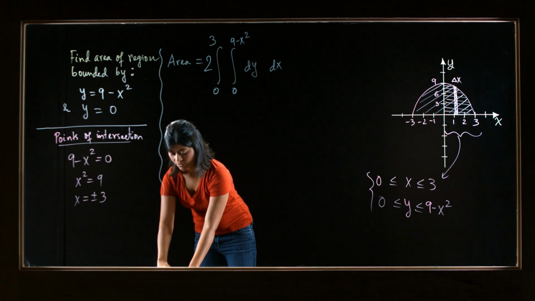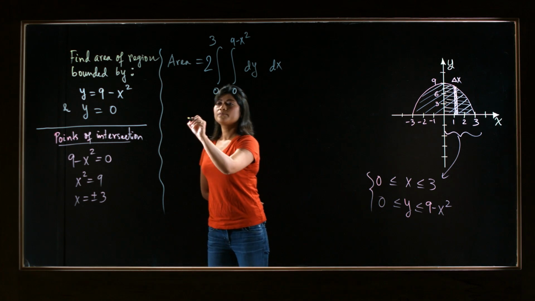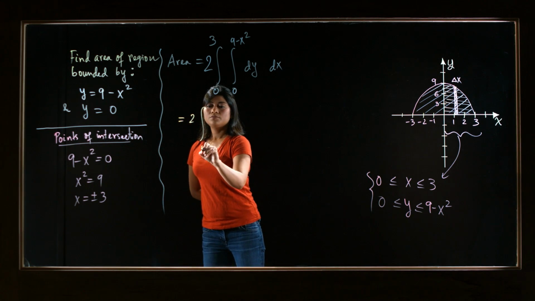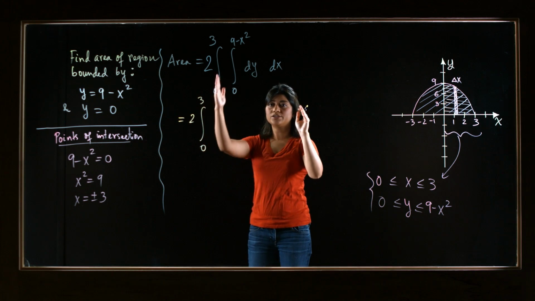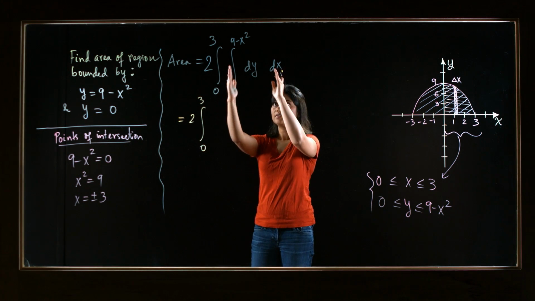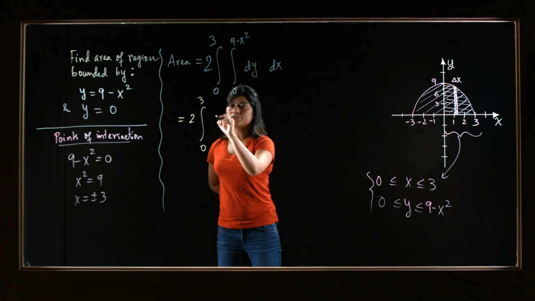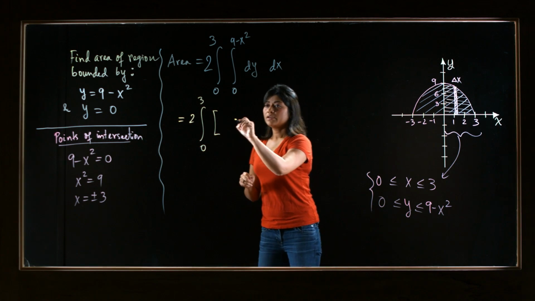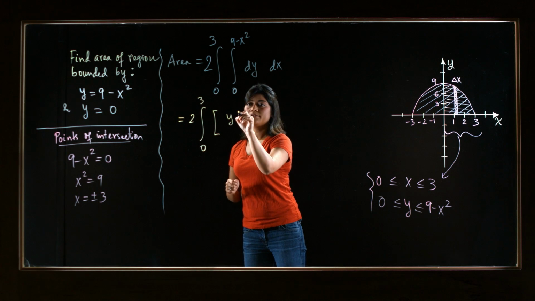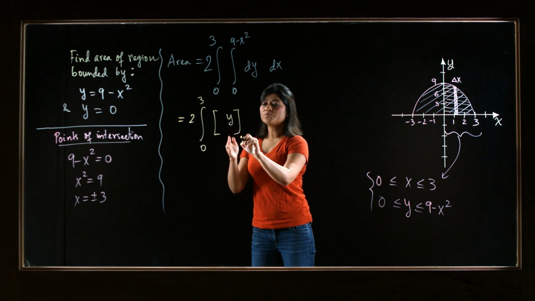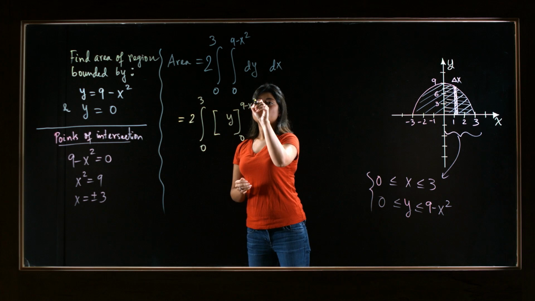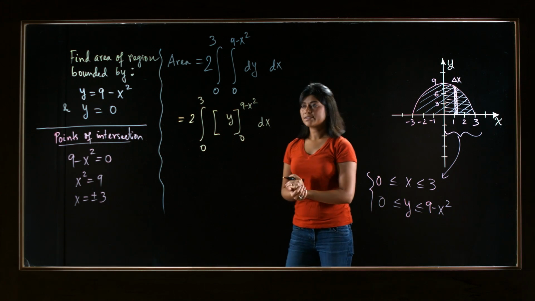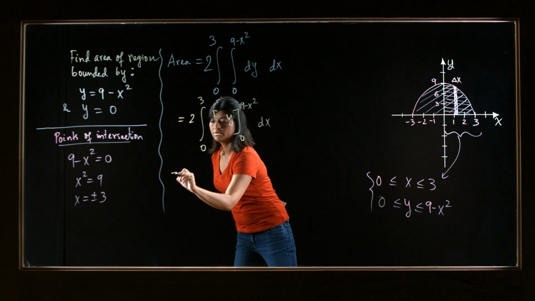Okay. Now let's compute the integrals. First, keep the outer integral as it is. Don't do anything. Just focus on the inner integral. Now inside we have to integrate dy, and the integral is just y, and evaluate from 0 to 9 minus x squared. Keep dx as it is. Okay.